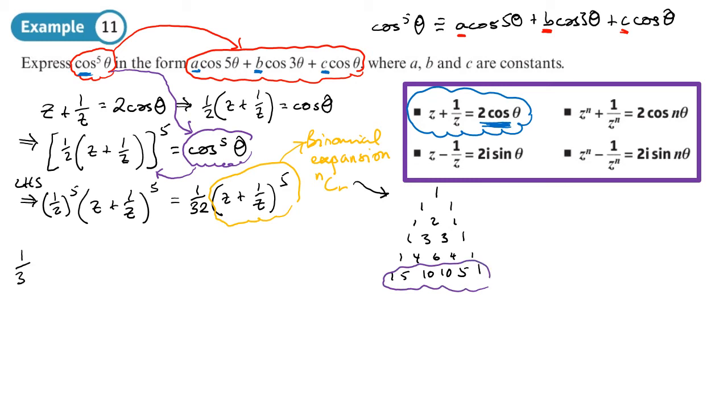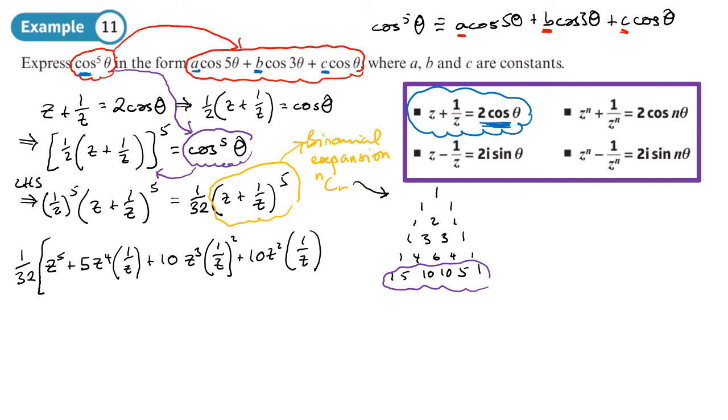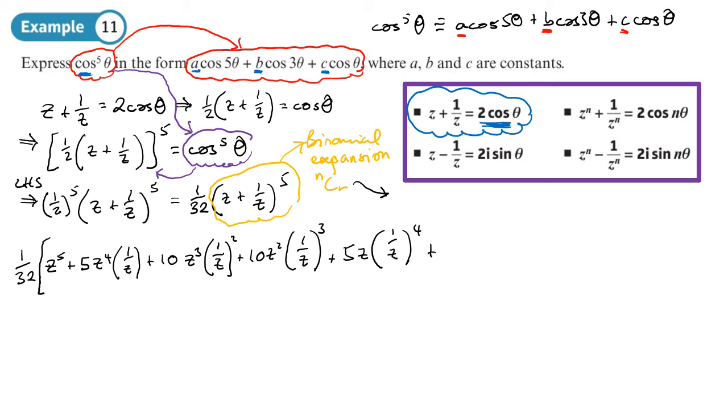So I've got 1 over 32 times the expansion of that, so that would be z to the power 5, coefficient 1, plus 5 lots of z to the power 4 times 1 over z to the power 1, plus 10 times z cubed times 1 over z all squared, plus 10 z squared times 1 over z cubed, plus 5z times 1 over z to the power 4, plus 1 over z to the power 5.